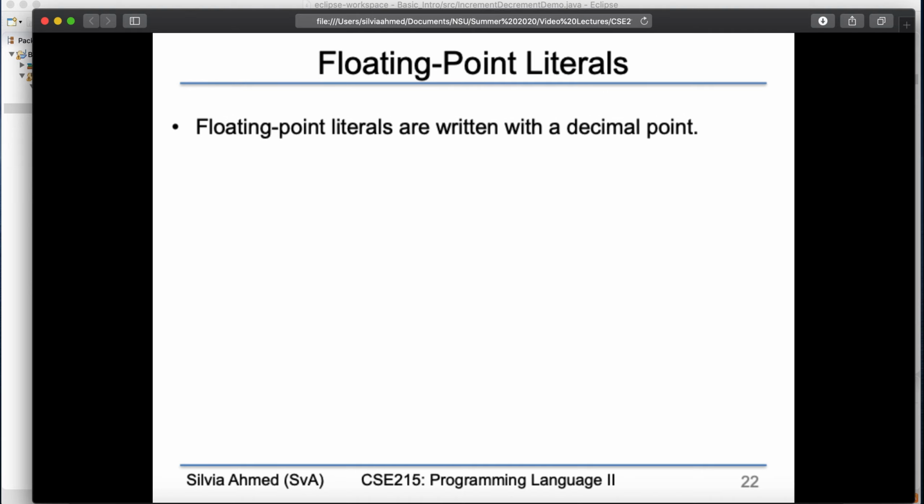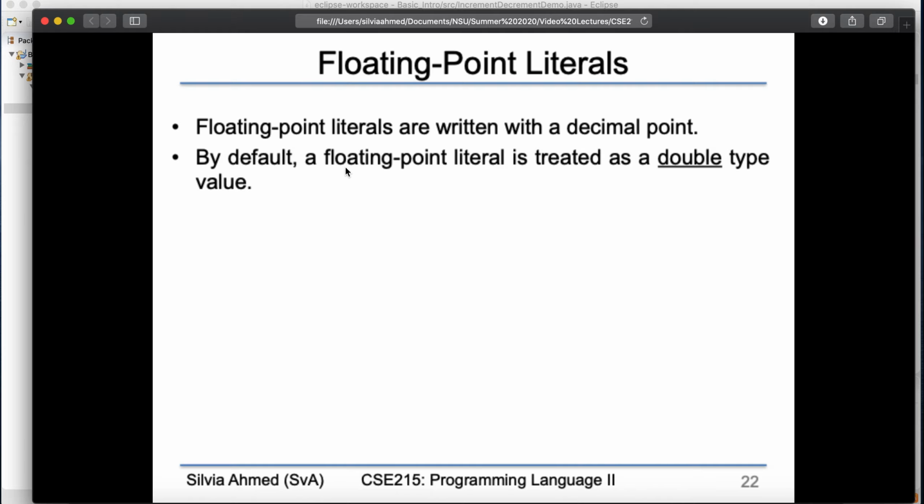Then when you have a floating point literal, floating point literals are written with a decimal point, and by default a floating point literal is treated as a double type value in Java. In C, by default any fractional value was treated as a float, but this is not true for Java.